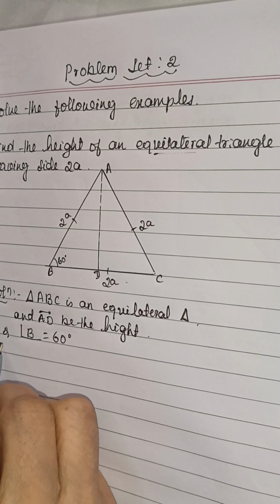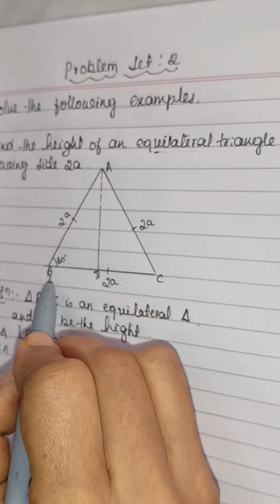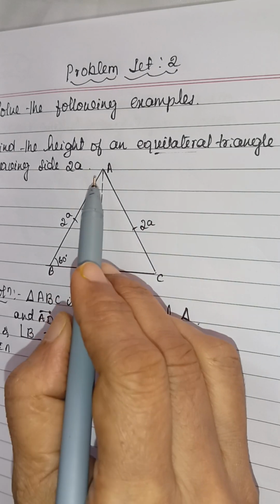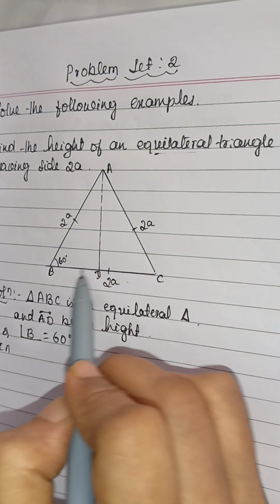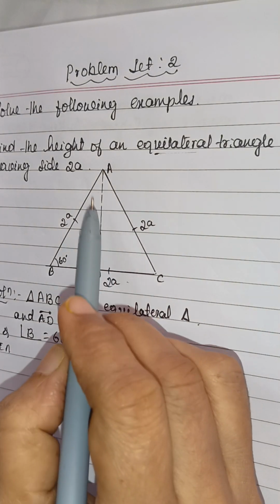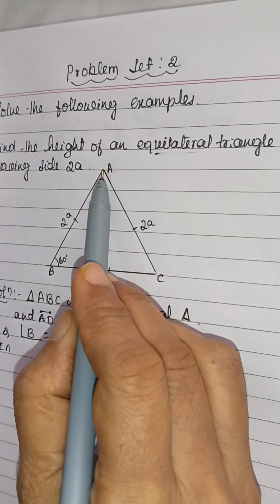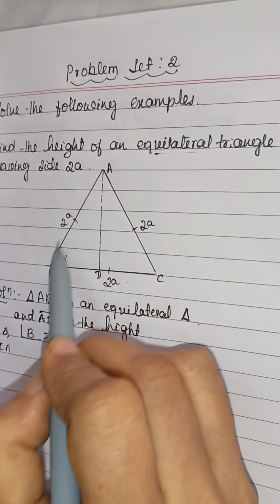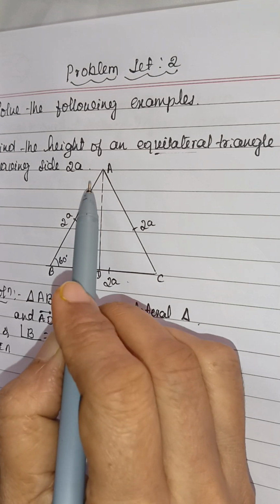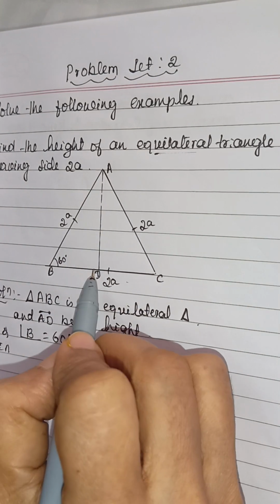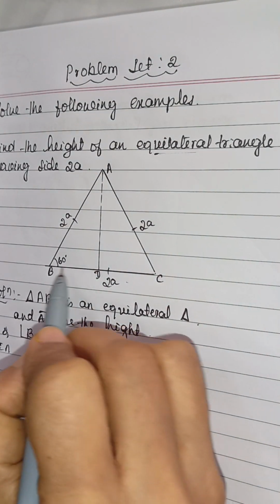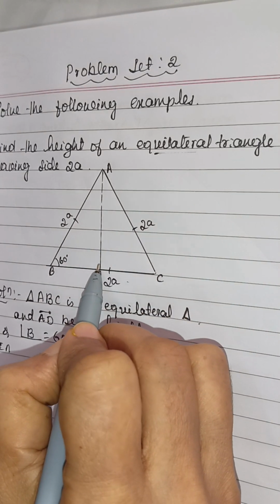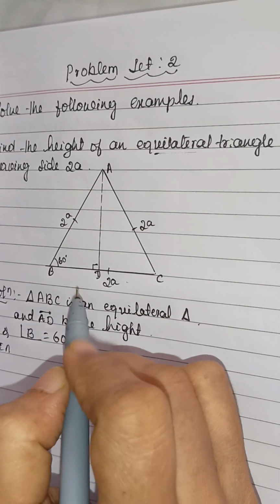Now in triangle ABD, this is the height, and this is a perpendicular line, so angle BDA is 90 degrees.